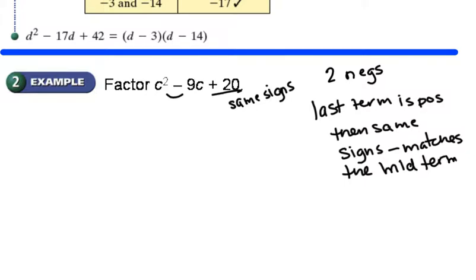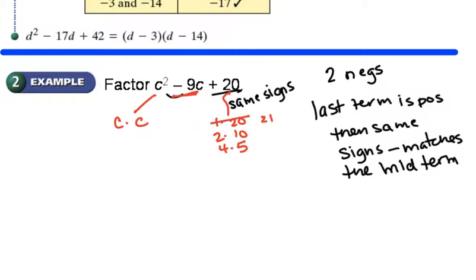Okay, all right, so now looking up here, c squared, the only way we can get c squared is c times c. Now 20, we've got 1 times 20, we have 2 times 10, and we have 4 times 5. What is the only pair that would give us a negative 9 if we added the negatives together? 1 and 20 would give us 21.